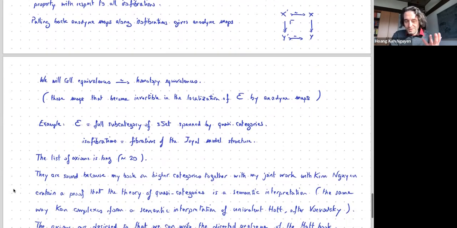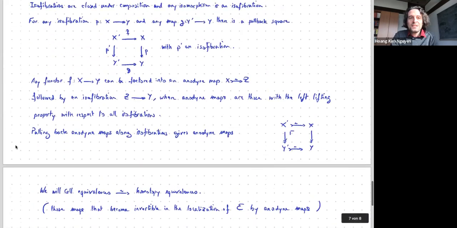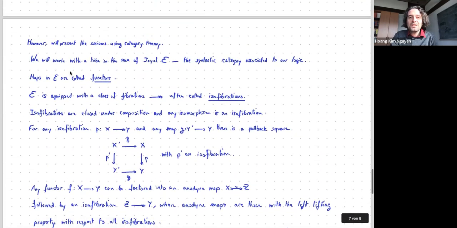And so now Kim will very soon start to explain what the axioms are in this setting. I would like to insist on the fact that when I describe what a tribe is, you see, it is just a category with a class of maps and then some properties which are very category theoretic.